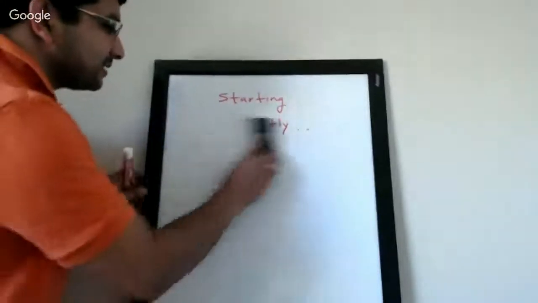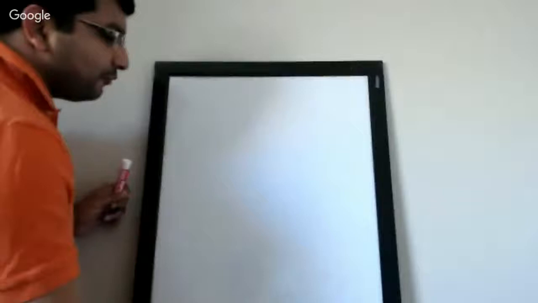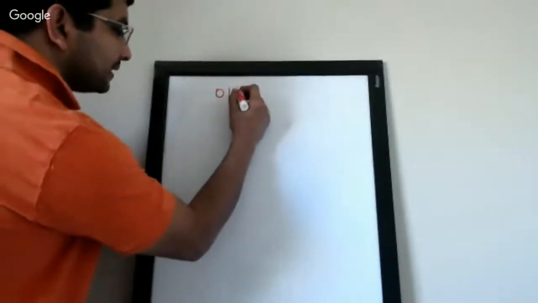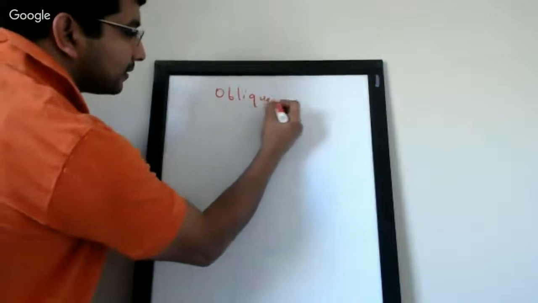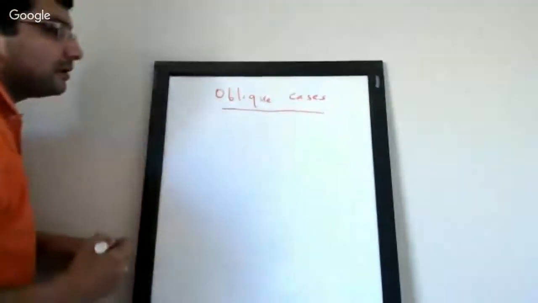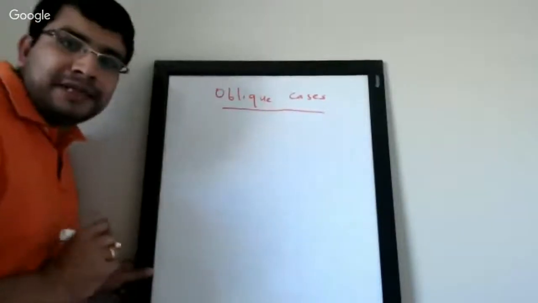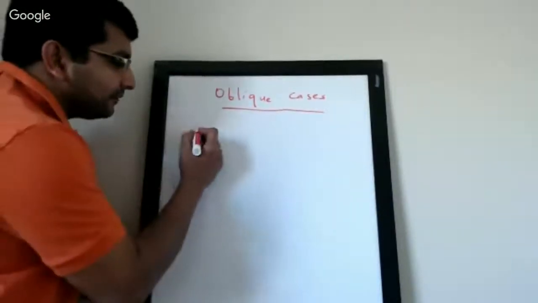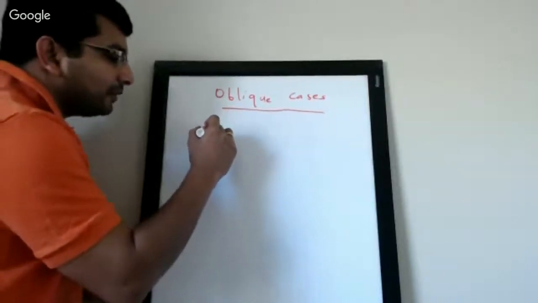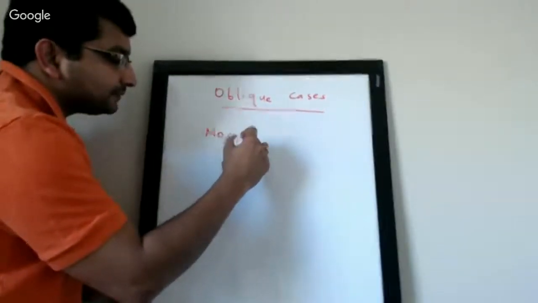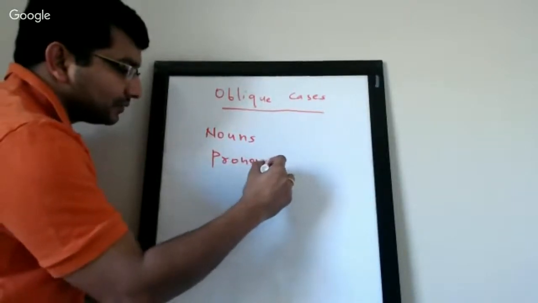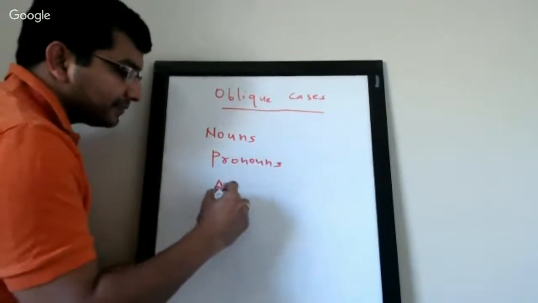In this class, as you know, we've been talking about a very important topic in Hindi called oblique case. This is our third class specifically on the oblique cases. In the first class, we defined the basic Hindi oblique case, how it works for Hindi nouns, pronouns, and adjectives.